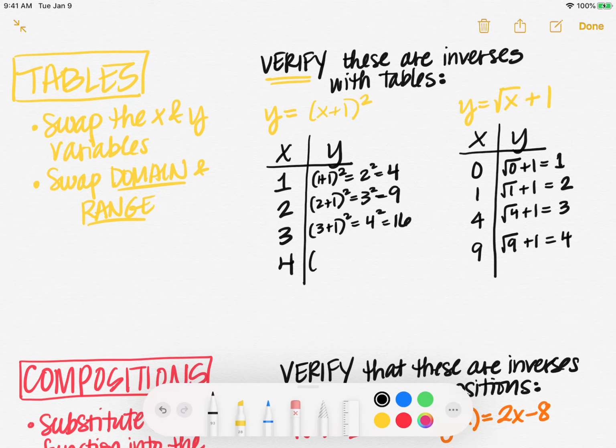What are you guys thinking? One, 4, 0, 1. 2, 9, 1, 2. Yeah, they're not inverses.